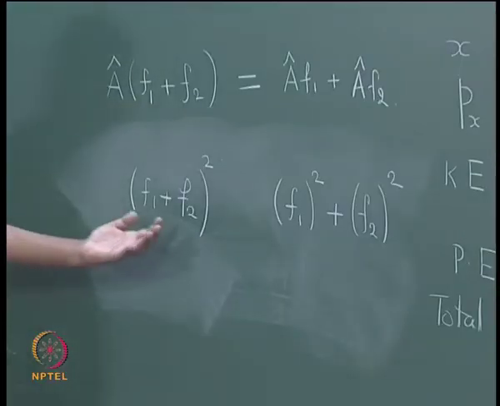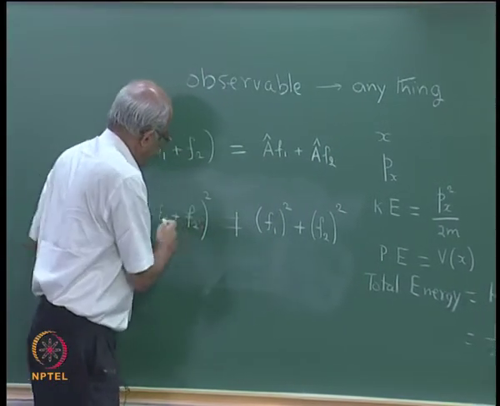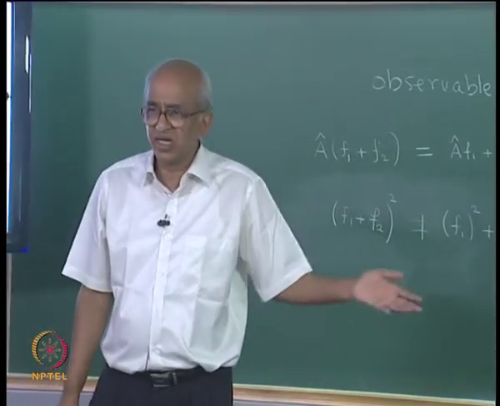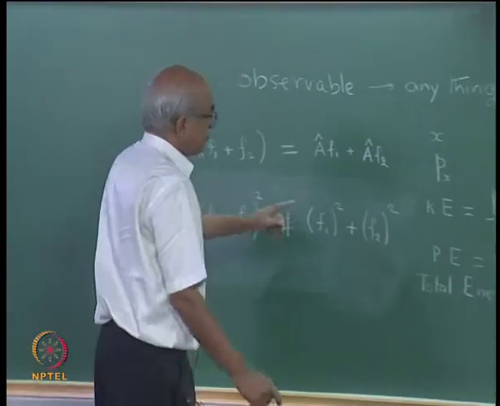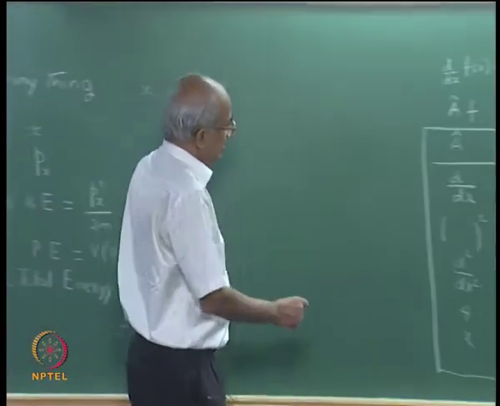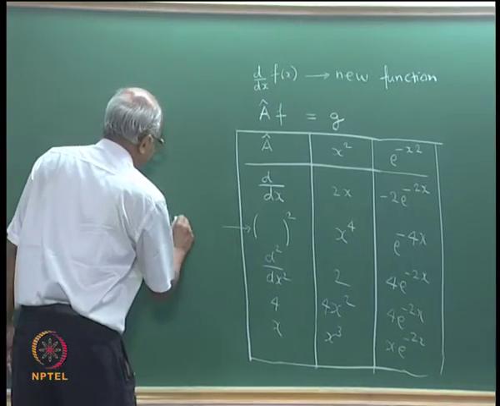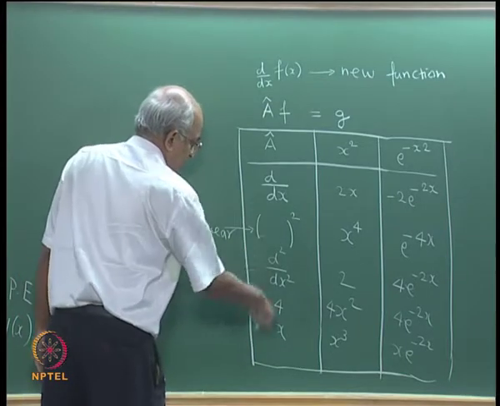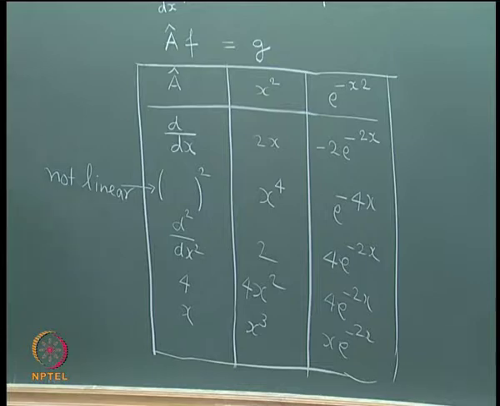The question is whether this is equal to that, and obviously the two are not equal, because when you take the square of f1 plus f2, you get f1 square plus f2 square plus 2 times f1 f2. Therefore this is not satisfied, and hence this operator is not linear. All the other operators that I have listed here are linear operators.